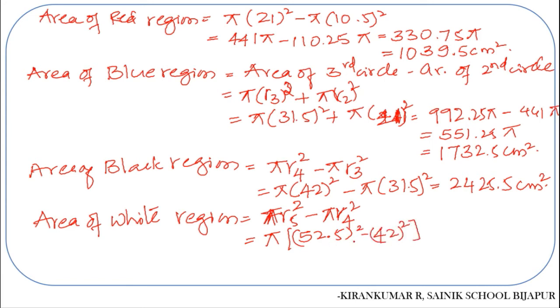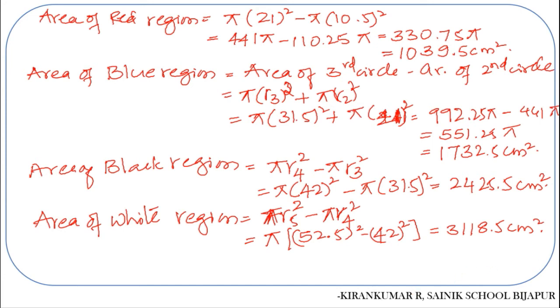Either you can simplify and then subtract, or use the a plus b into a minus b identity. You will get the answer as 3118.5 centimeter square. This is how we make use of the area of ring formula to find the area of those regions.